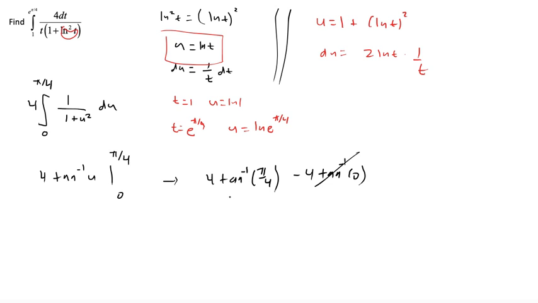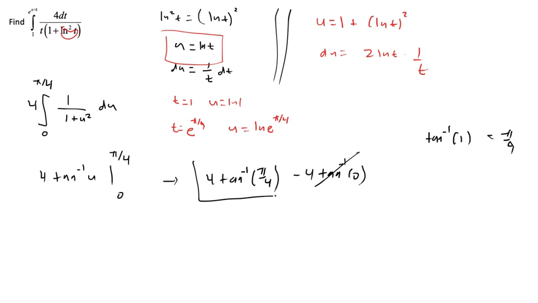Let me put this in my calculator here. Tangent inverse of 4 is about 1.33. So it's not pi over 4. What I mean by that is, if I ask you what is tangent inverse of 1, well, that's equal to pi over 4. So this one's a little bit trickier here.